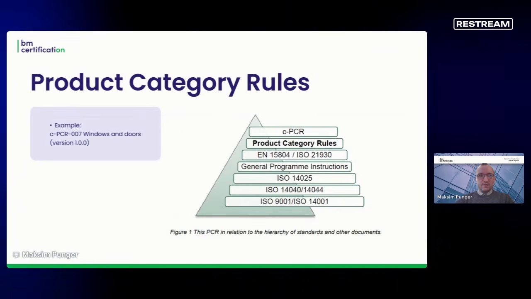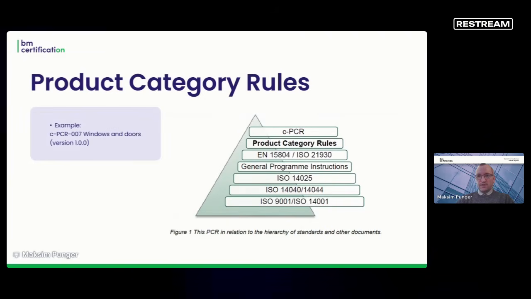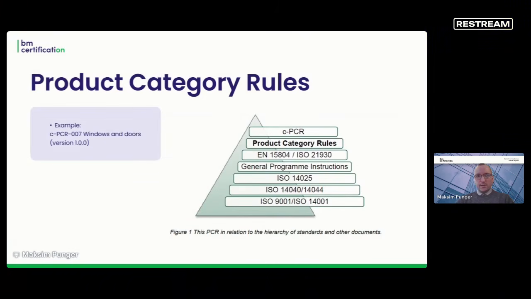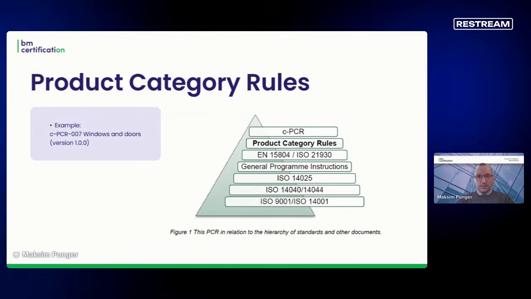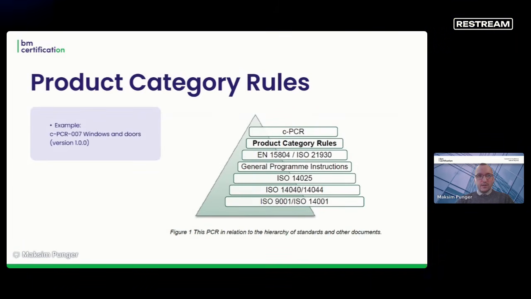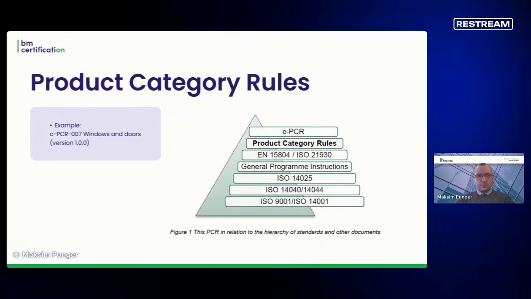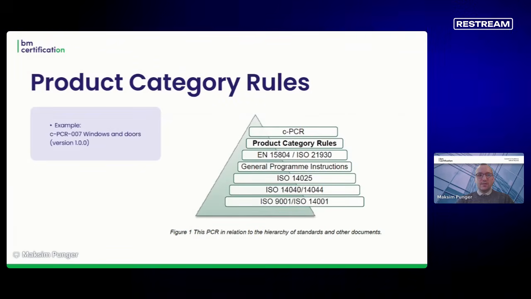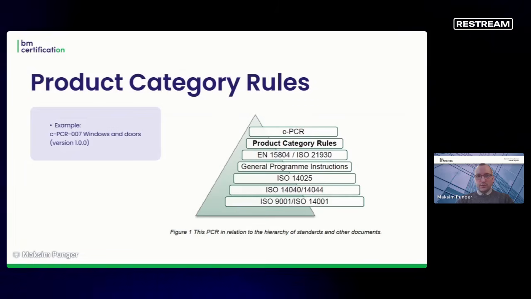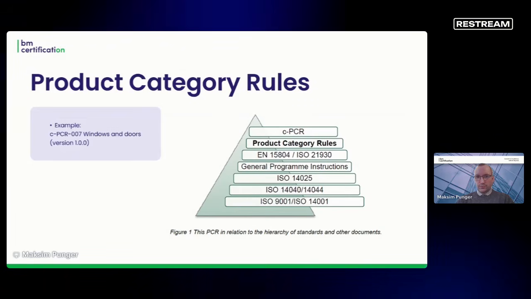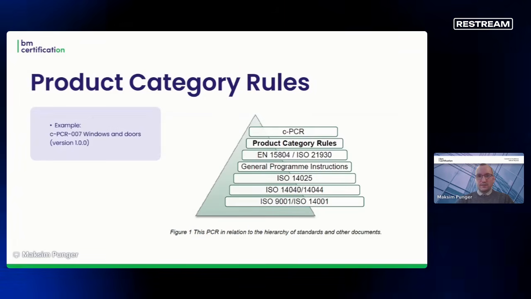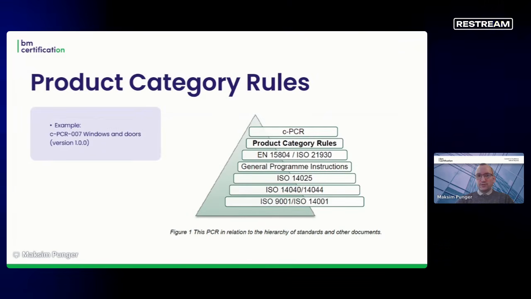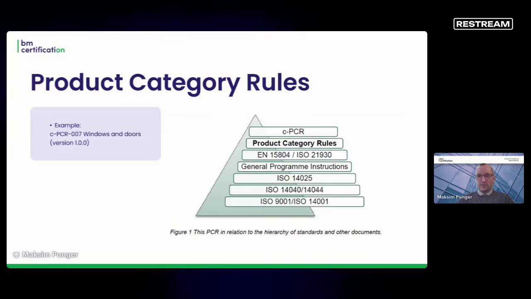To establish an EPD, there are basic standards like ISO 14025, which I already mentioned, but also each platform has its own rules, general program instructions, and additional regulations like product category rules. For example, this international EPD platform has for windows and doors PCR 007.